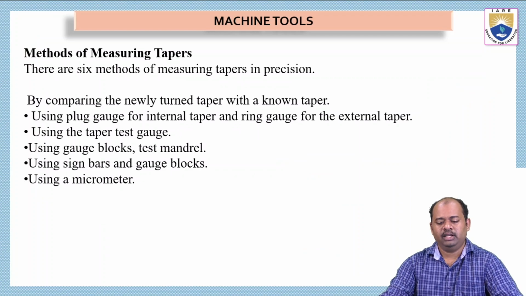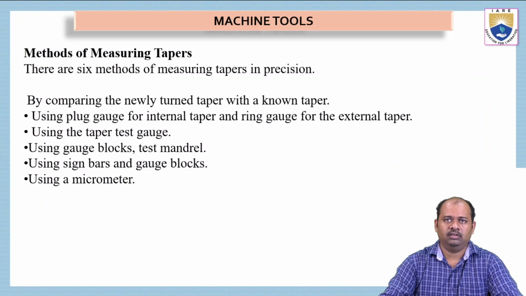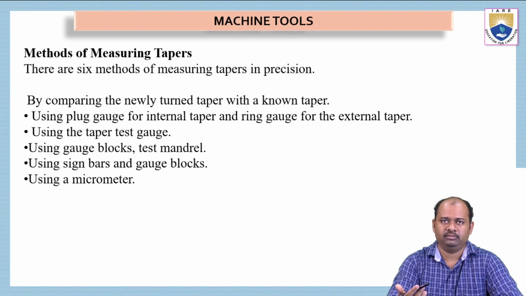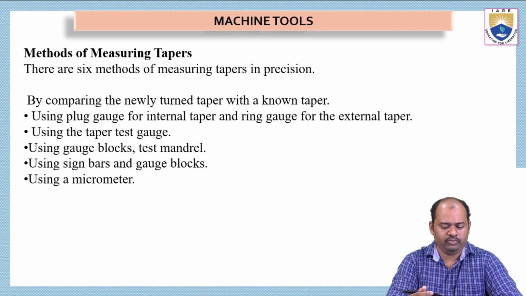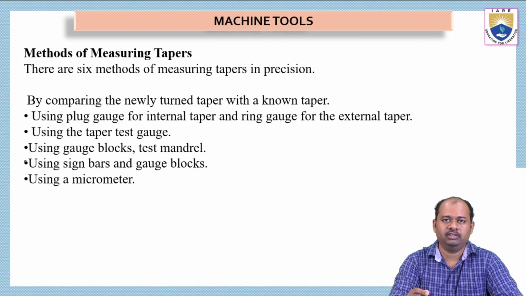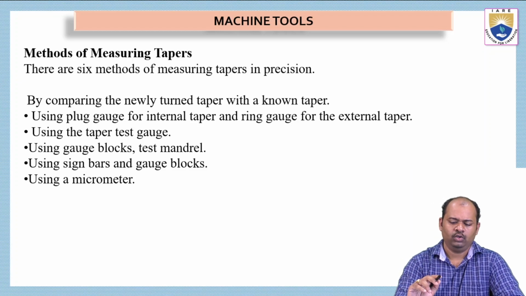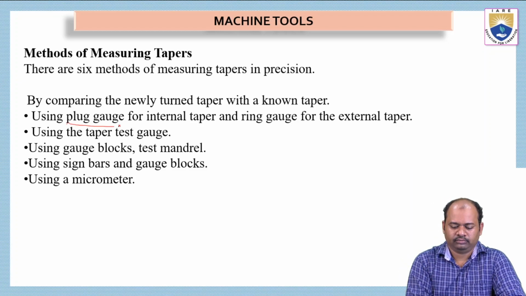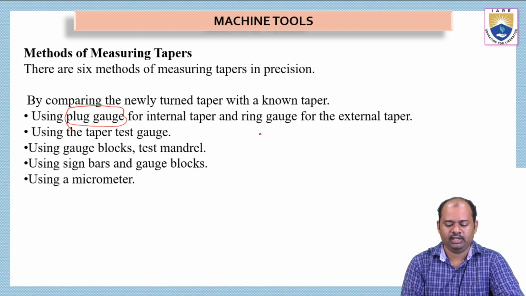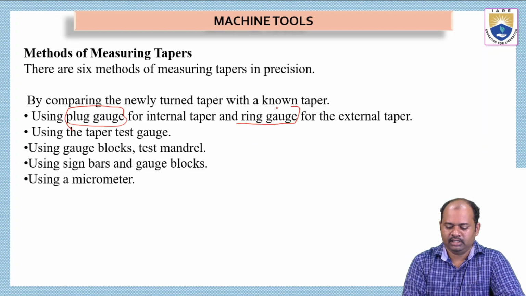And then there are some methods by which we can measure taper. We have 5 methods for measuring tapers. The first one is using a plug gauge for internal taper and a ring gauge for external taper. So these are the devices. Plug gauges are one device and the ring gauge is another device.